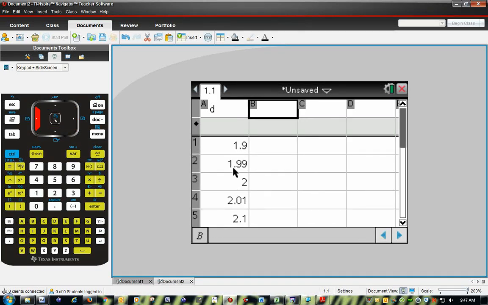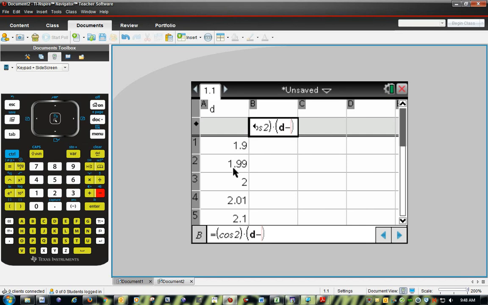And then this is going to be equal to cosine of 2 times D minus 2 plus the sine of 2, isn't it?